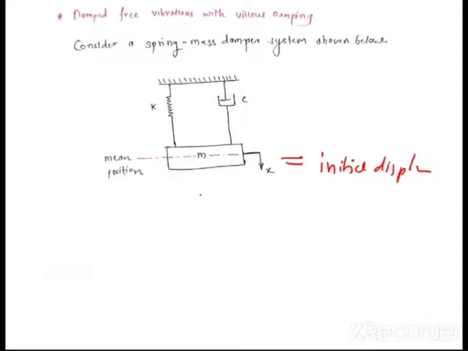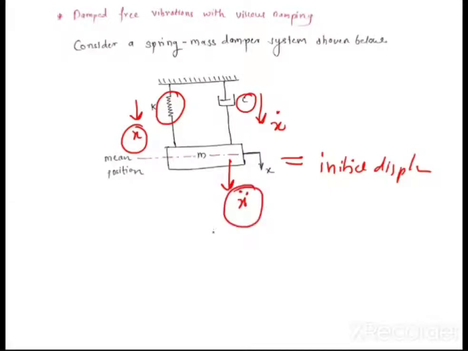So x will be the motion of the spring, and there will be x dot as the velocity induced inside this C, and acceleration will be induced inside the mass. So whenever you apply a small displacement x to the mass, acceleration is induced in the mass, displacement in the spring, and velocity in the damper, all in the direction of the applied motion, that is x.